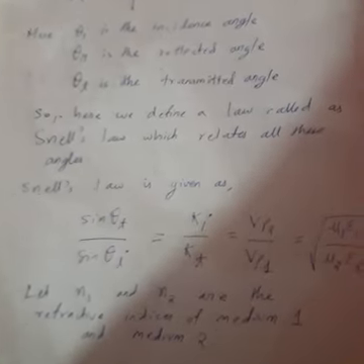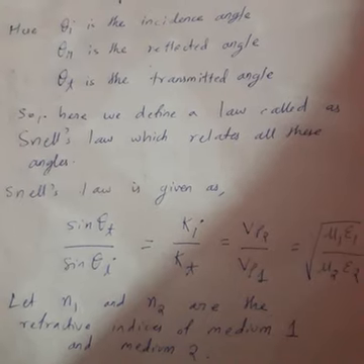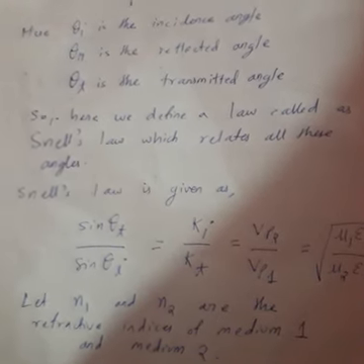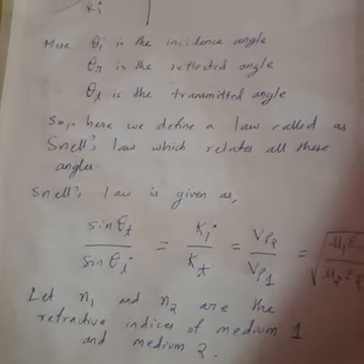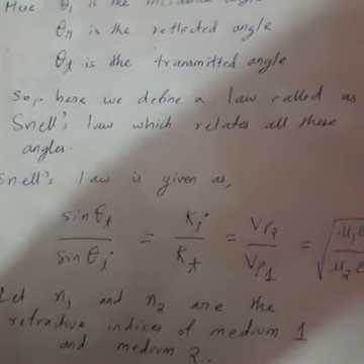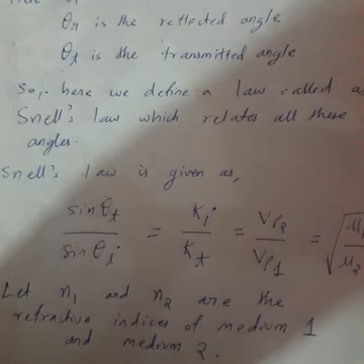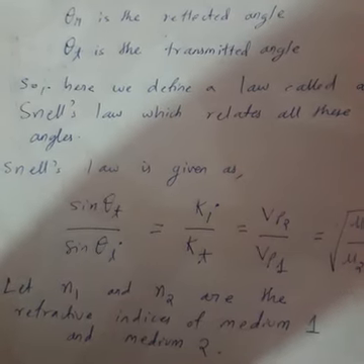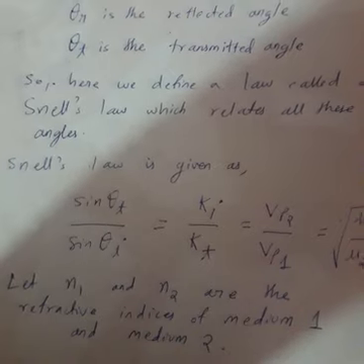Snell's law tells that sin theta t by sin theta i is equal to ki by kt. That means the ratio of the sine of the transmitted angle to the sine of the incident angle is equal to the ratio of the propagation vector of the incident wave to the propagation vector of the transmitted wave.